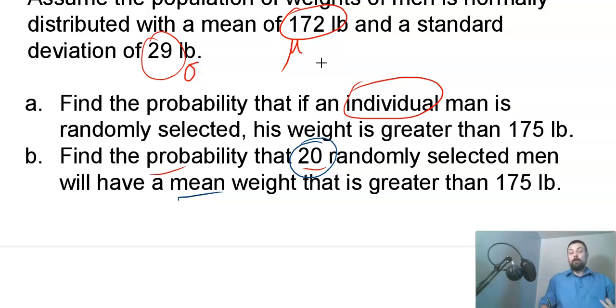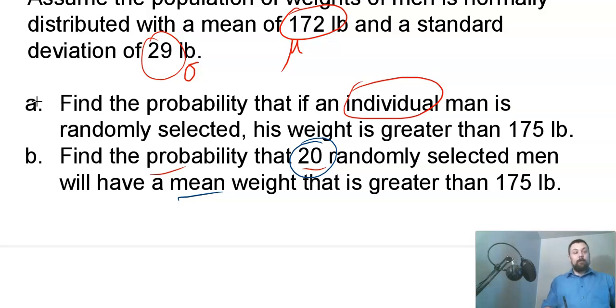You just calculate it the same way we did in the previous video in section 6.2, which is finding the probability using normal CDF, and nothing changes. Part A is basically a review of 6.2: finding a probability from the normal distribution using normal CDF.